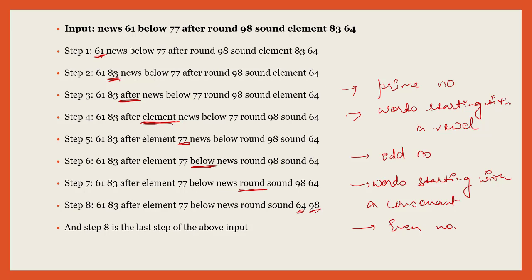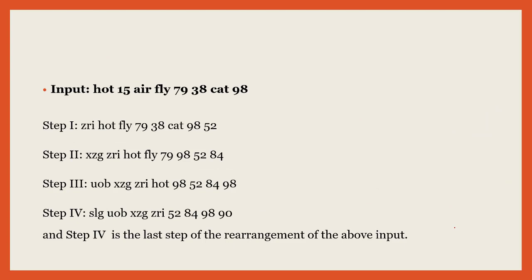Let's have a look at one last example to understand the kind of variations that can happen in miscellaneous pattern in input output questions. So here we have the input string as hot, 15, air, fly, 79, 38, cat and 98.